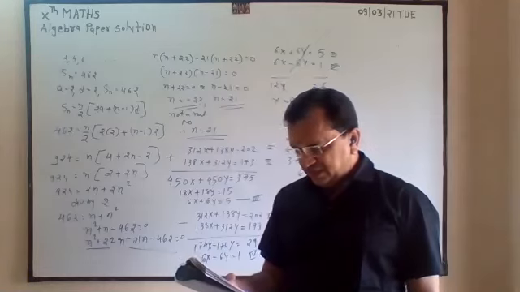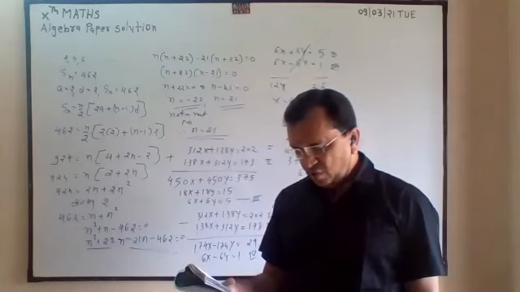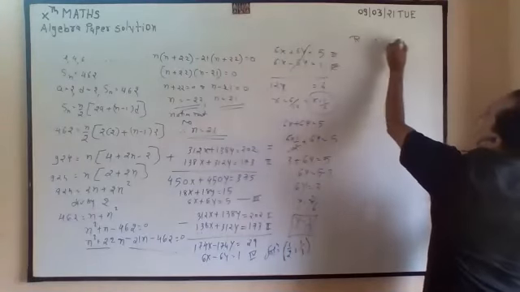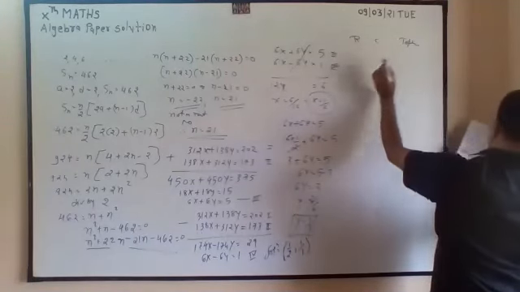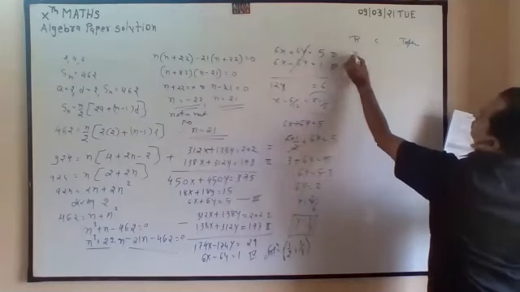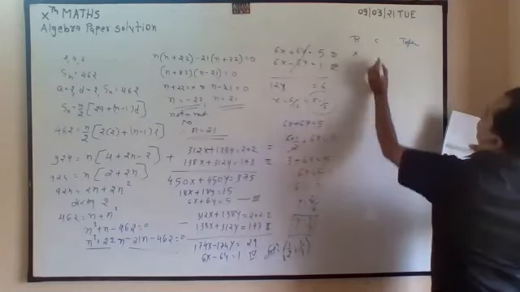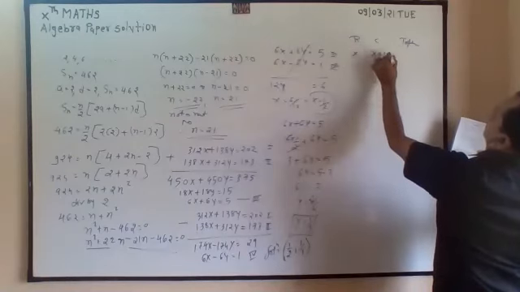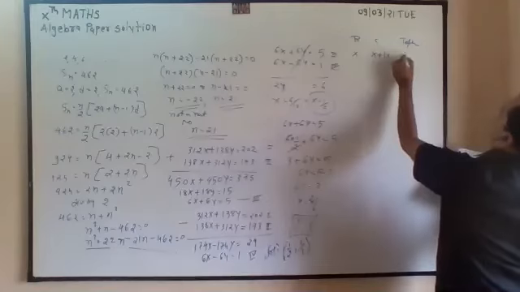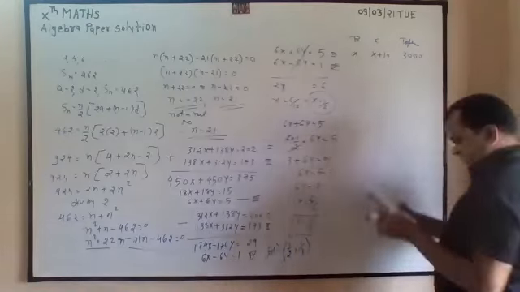Number of trees in each column is 10 more than each row. Row, column, total. In each row, this is x, column 10 more. And the total number of trees is 3000.